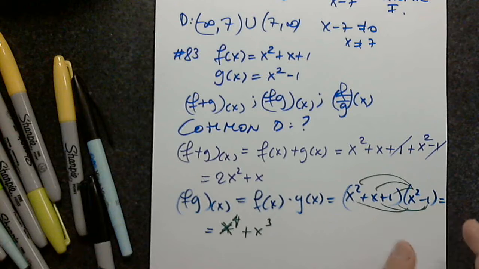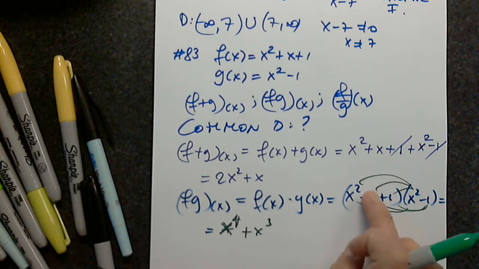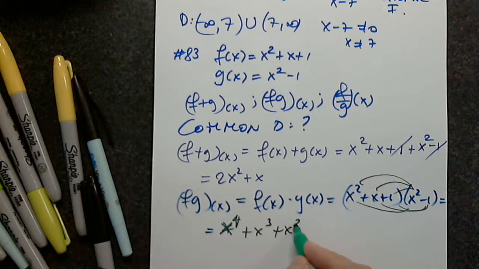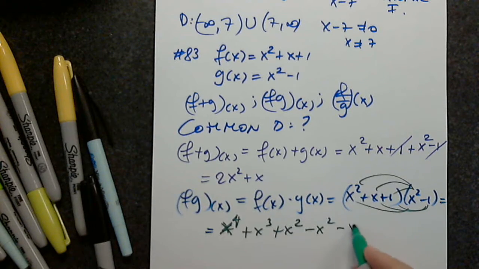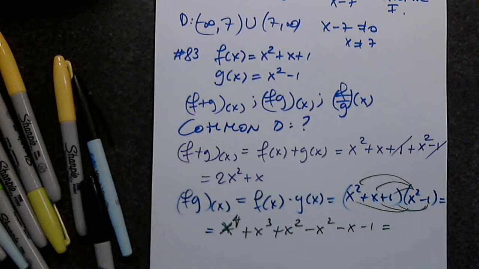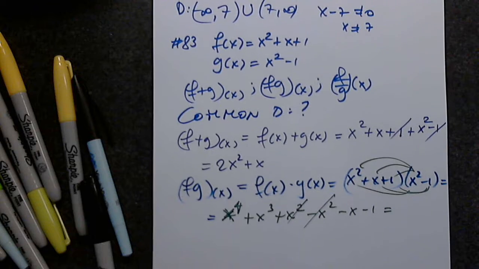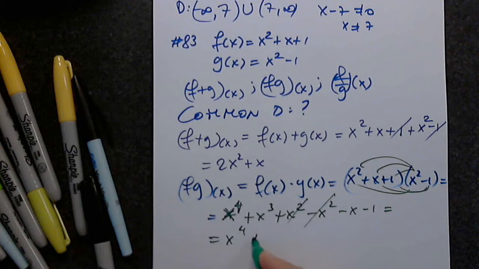This has 2 terms. This one has 3. So x to the fourth plus x cubed plus x squared, and then minus x squared minus x minus 1. Combine like terms. I only have these 2 that go away. So then the simplified form is x to the fourth plus x cubed minus x minus 1.